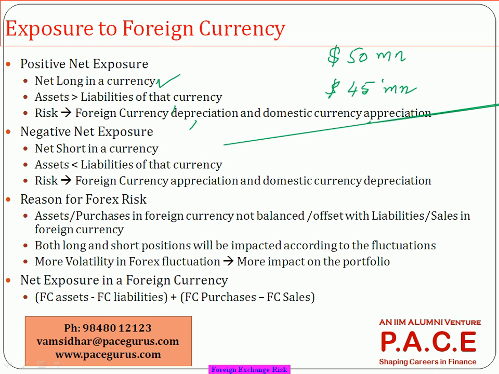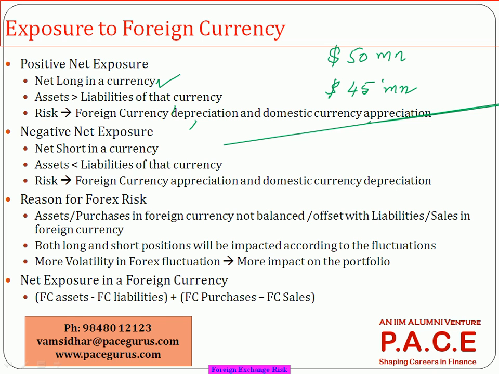right? Because my dollar denominated assets are more compared to the dollar denominated liabilities. As an Indian rupee holder, if my domestic currency is Indian rupee, my dollar denominated assets will be more than my liabilities, which means if the dollar appreciates and rupee depreciates, my profit is increasing, right?